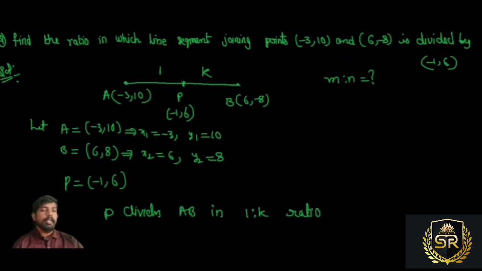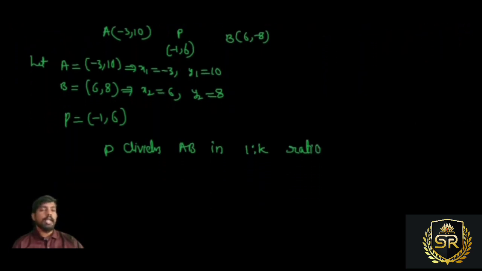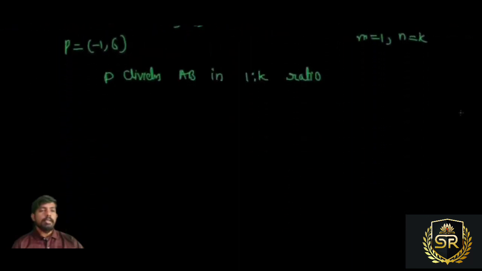We are assuming this. Okay, we don't know the exact ratio, that's the reason we are assuming this 1 is to k ratio. 1 is to k ratio means here m is to n ratio, right? So m value is what? 1. N is equals to k. Okay, remember in this way, m value 1, n is equals to k, and already we discussed the formula, right?